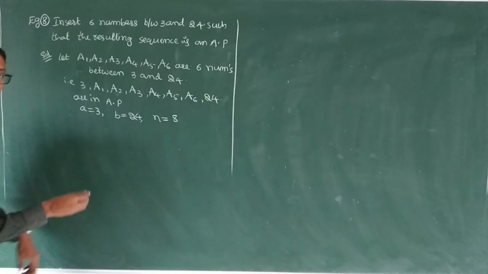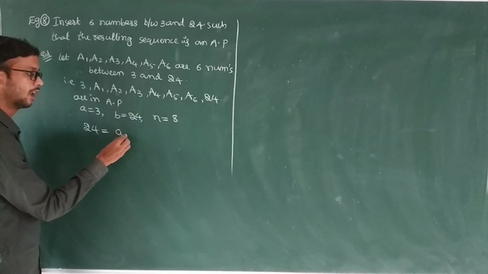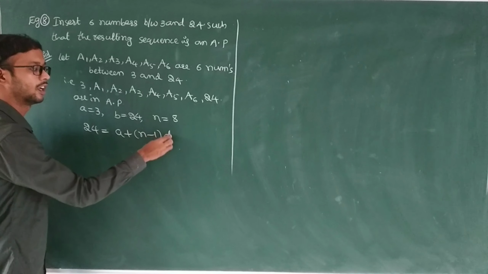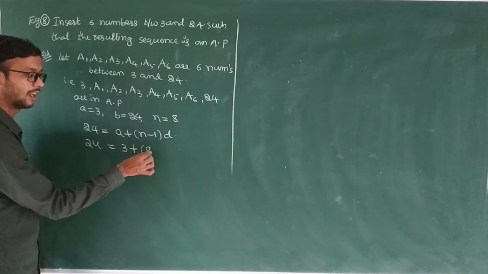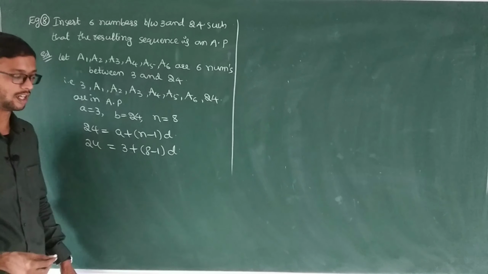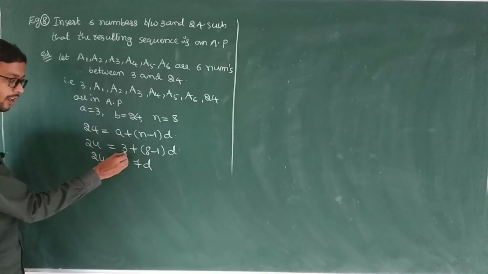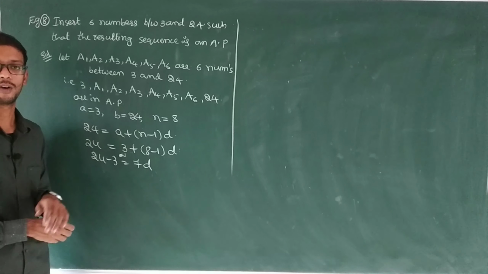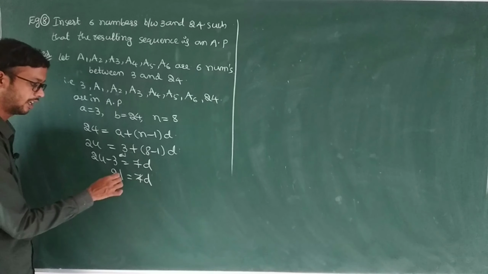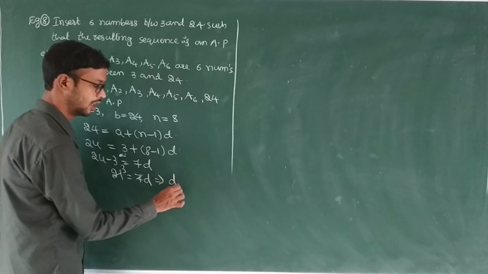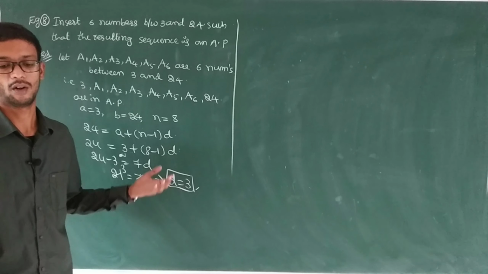Now the nth term formula: 24 is equal to A plus (n minus 1) into D. What is the A value? A value is 3, n value is 8, minus 1, into D. 24 minus 3 is equal to 7D. Sending to the left side, 24 minus 3 is equal to 7D. 21 is equal to 7D. 7 threes are 21. So D is equal to 3.